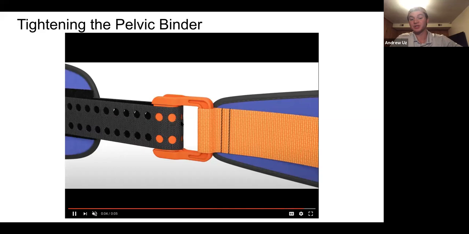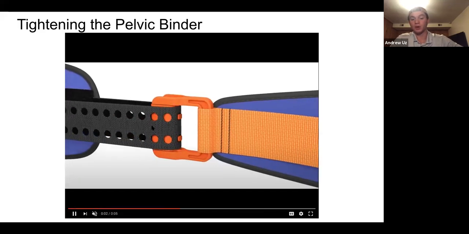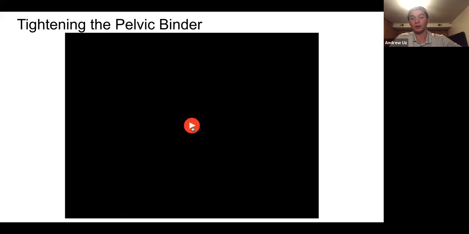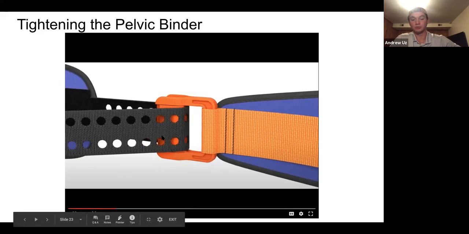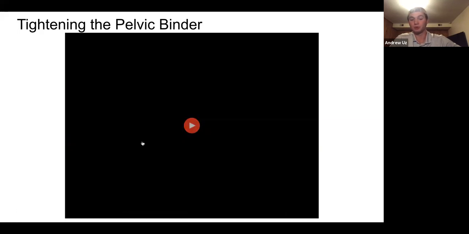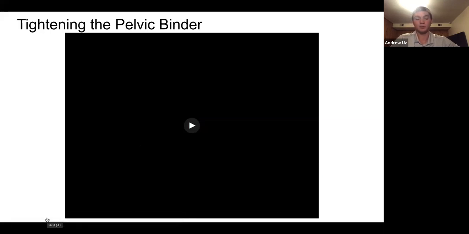They don't have to stay locked in these holes, but all that's telling you is that you've pulled enough pressure on this buckle to stabilize the pelvis. So you don't want to pull it, let it go until it pops, and then reduce the pressure. At that point, you want to maintain this consistent level of pressure, and then Velcro the end of that strap down to the device.